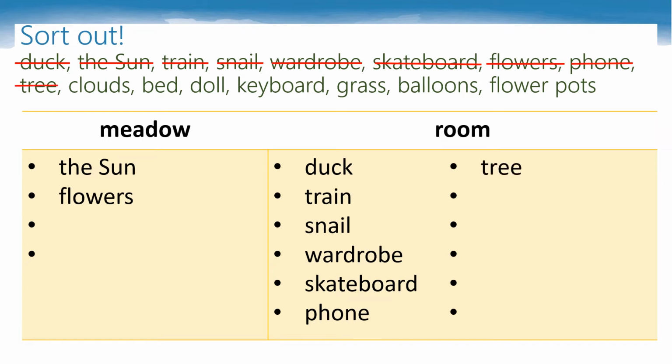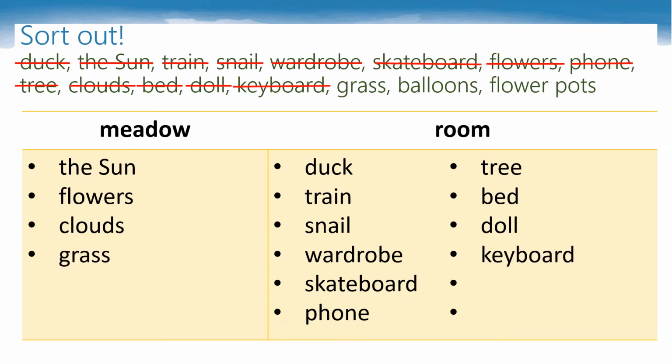Tree, also in the room, that's right. Clouds are in the meadow. Bed, in the room. Doll, also in the room. Keyboard also goes to the room. Grass, in the meadow. Balloons go to the room, and flower pots go to the room as well. Great job!